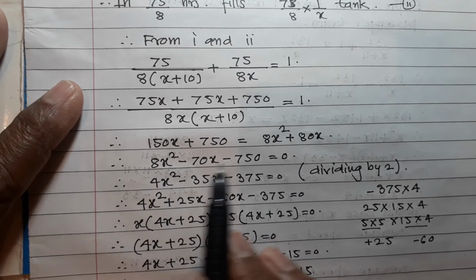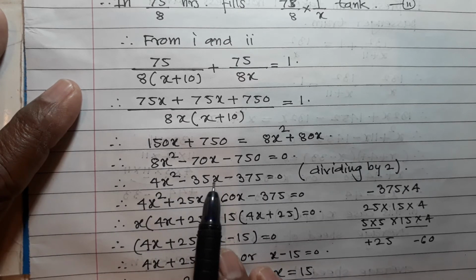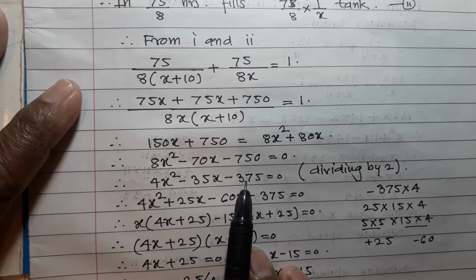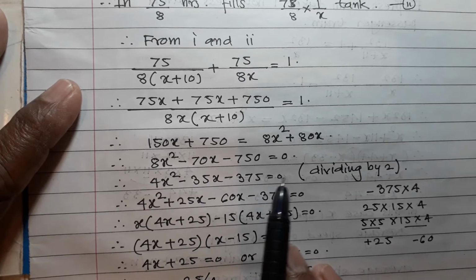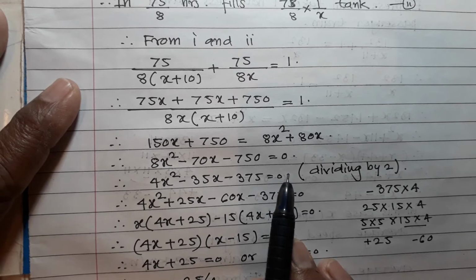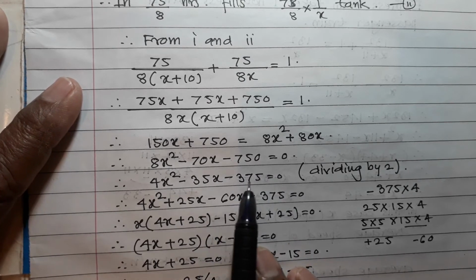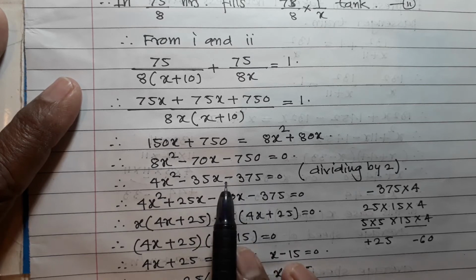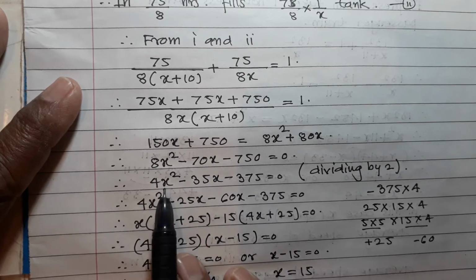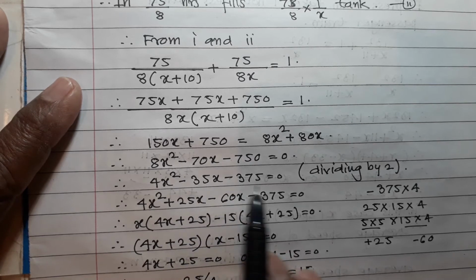Now here you divide by 2, so 4x square minus 35x minus 375 is equal to 0. Now this is a quadratic equation, solved by the factorization method. So I split up 375 into 4 such that the subtraction is equal to 35.